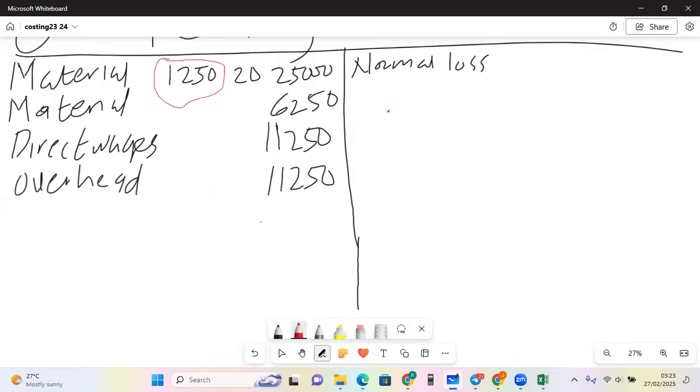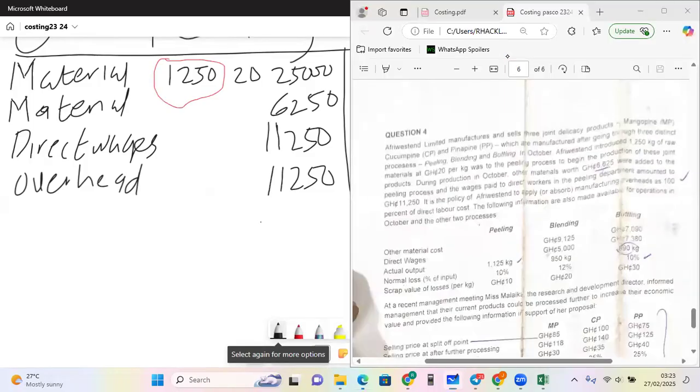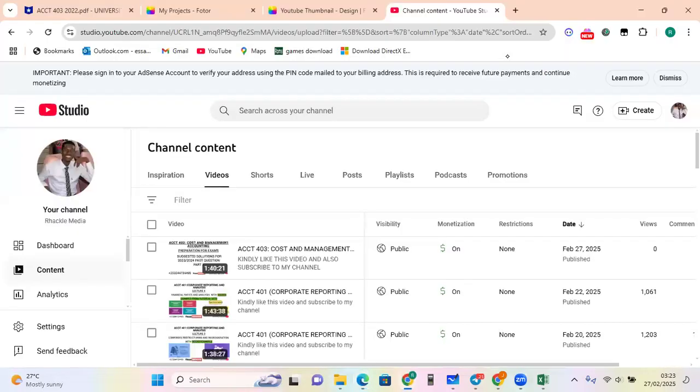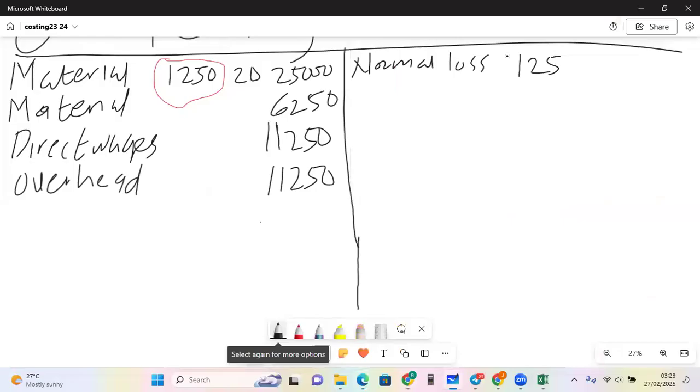When we find 10% of this, we get 125 kg, and it is sold at a scrap value of 10, so the total value is 1,250.